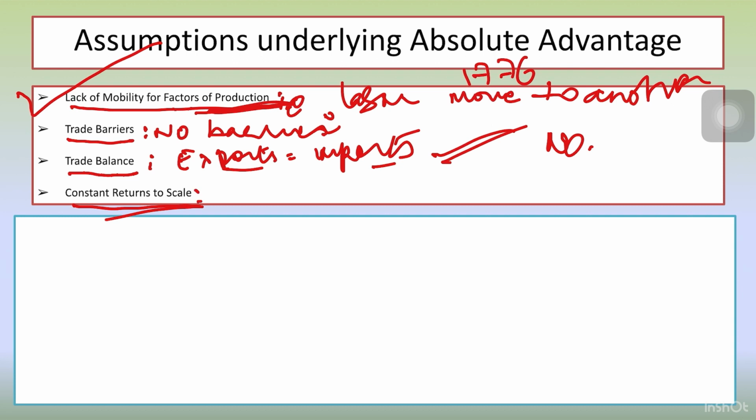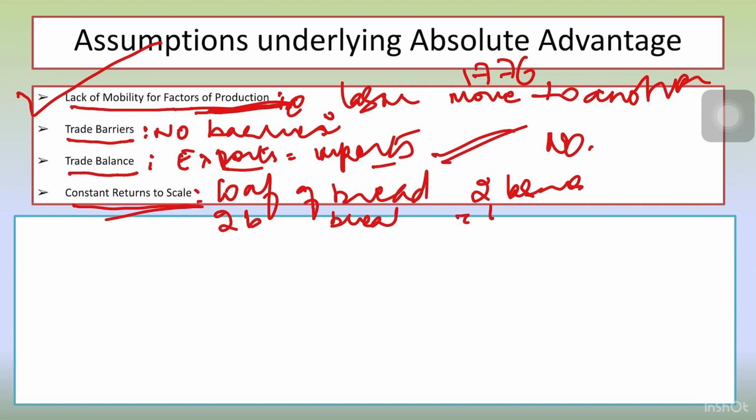Okay, next we have constant returns to scale. Now, let's understand this with an example. If I want to produce, say, a loaf of bread, we need 2 laborers. And if I want to produce 2 loaves of bread, then 4 laborers.